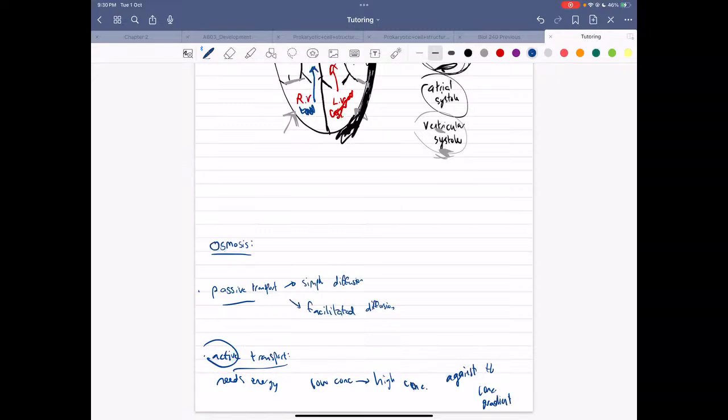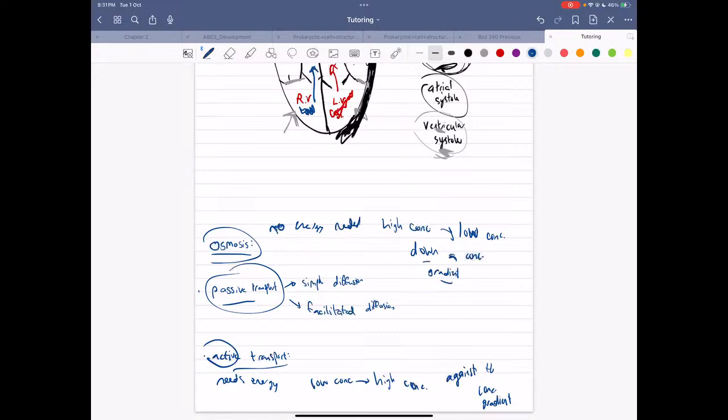While in passive transport and in osmosis, no energy is needed, and you go from high concentration to low concentration. We call this going down a concentration gradient.